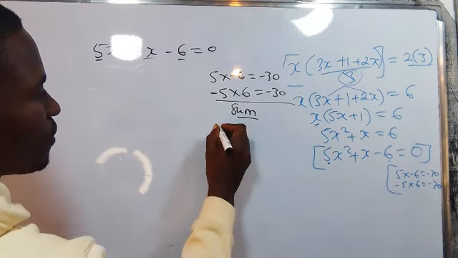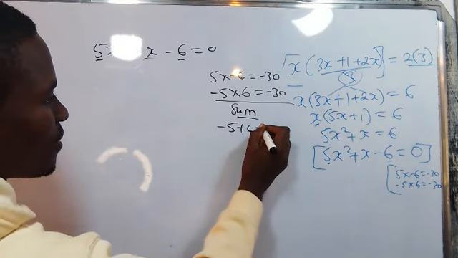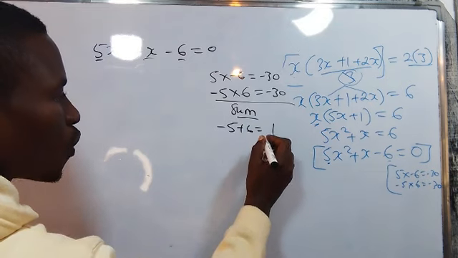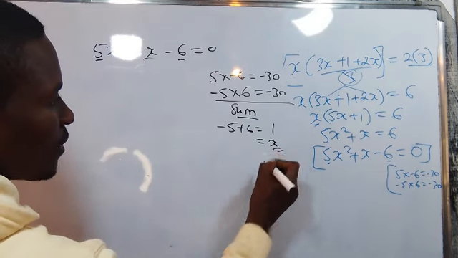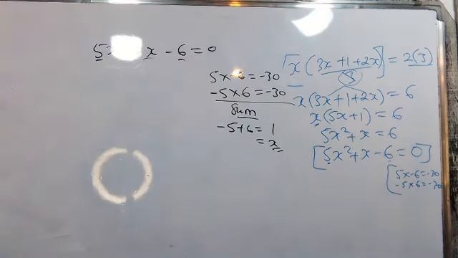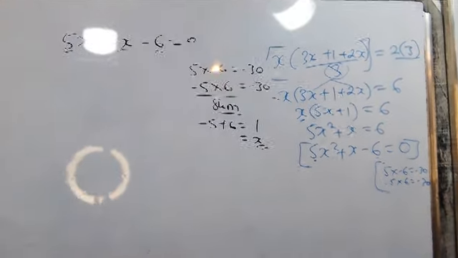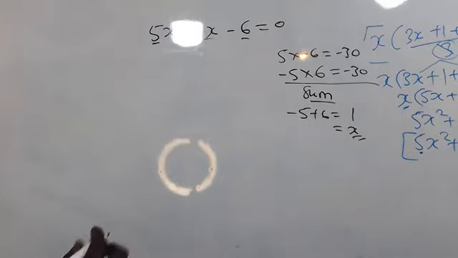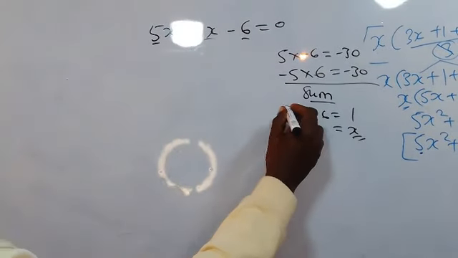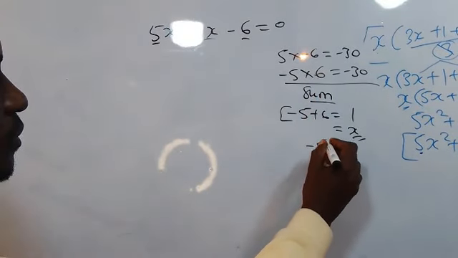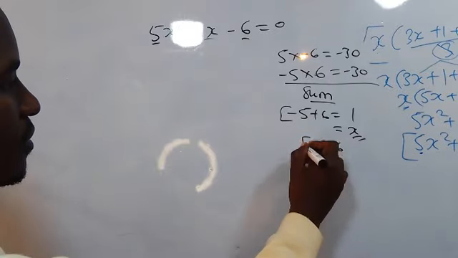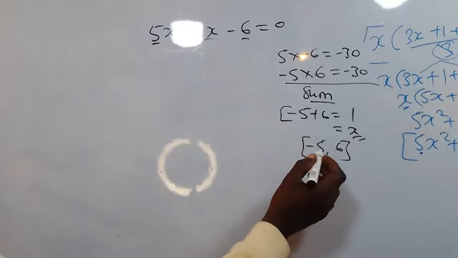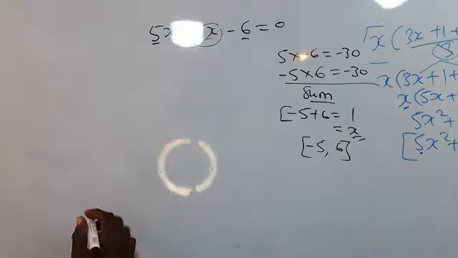So negative 5 plus 6 is just 1, or simply x. So from there, you get negative 5 and 6 as factors, and then you substitute them right there.